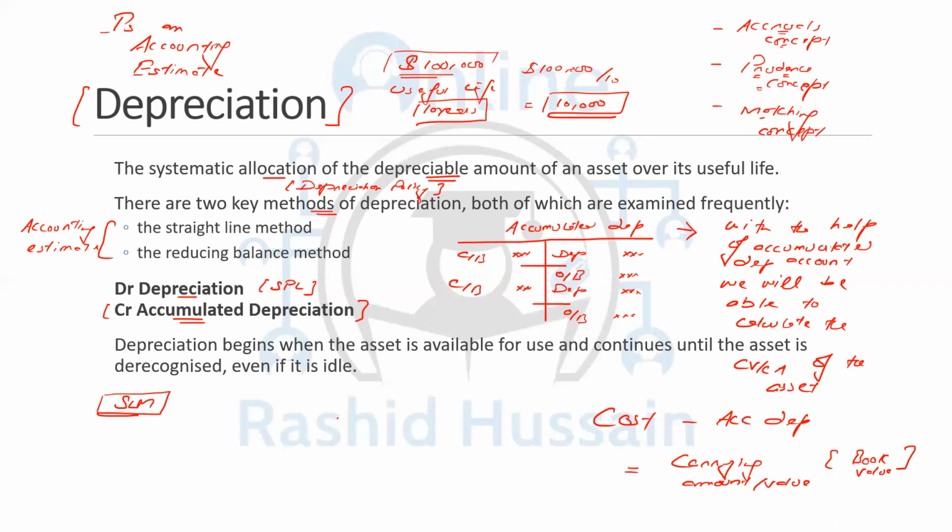Now, if you have an asset that will work the same for the rest of its life, then usually you take the cost of the asset, you deduct the scrap value. Scrap value means the residual value. Residual value means the value at which this asset will be sold at the end of its useful life. So you take the cost, deduct its scrap value or residual value, and divide it by useful life. You get the depreciation per year.